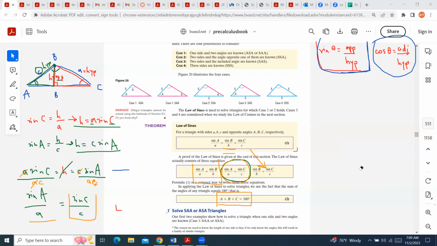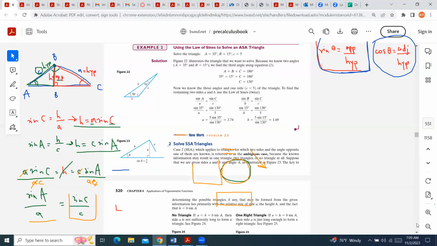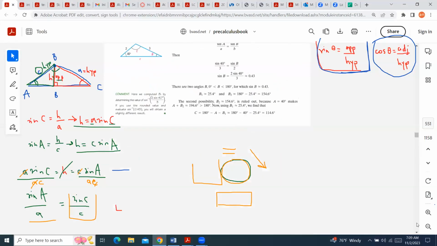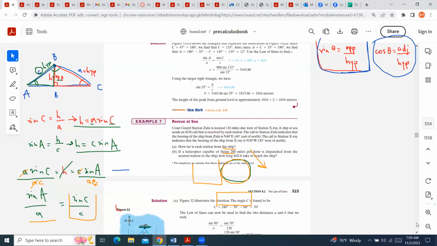We'll use it next time in the next section. But with sine, we have a standard theorem of sines, or law of sines. And I think that's a very nice little theorem that enables us to solve various triangles. To solve a triangle means to find all of its sides and all of its angles.